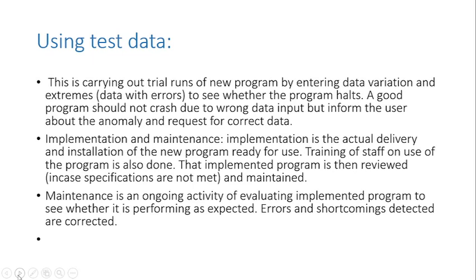The next stage after implementation is maintenance, which is an ongoing activity of evaluating the implemented program to see whether it is performing as expected. Errors and shortcomings detected are corrected.